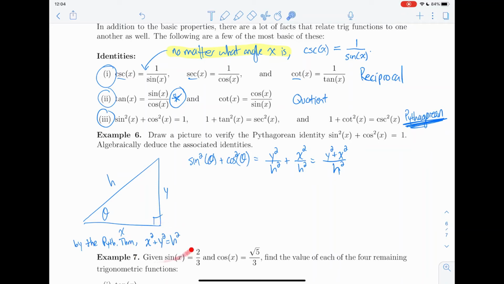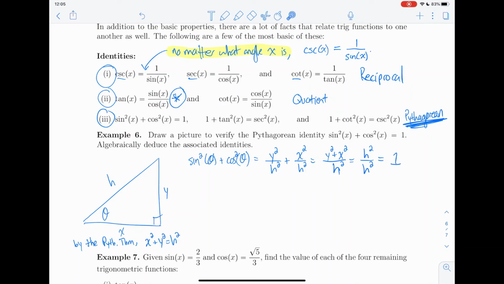So we can take this information and import it into our proof up above and realize that y squared plus x squared is just h squared. And so now we get h squared over h squared, which is of course a 1. So we've taken the left-hand side of the identity, and through some argumentation, have reached the right-hand side of the identity. And that establishes the truth value of this first Pythagorean identity.